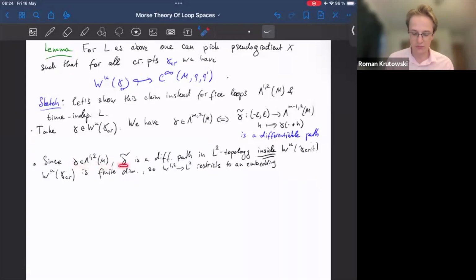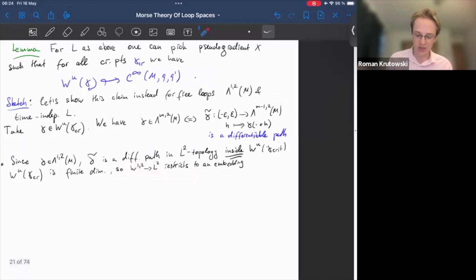We know that this associated path gamma tilde is differentiable in L2 topology, but it still sits inside the unstable manifold by our assumptions. And since this manifold is finite dimensional, it sits here, but this map, which is non-embedding, restricts to an embedding there because it is finite dimensional.